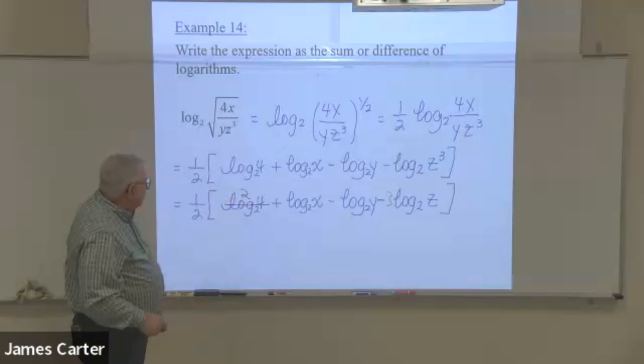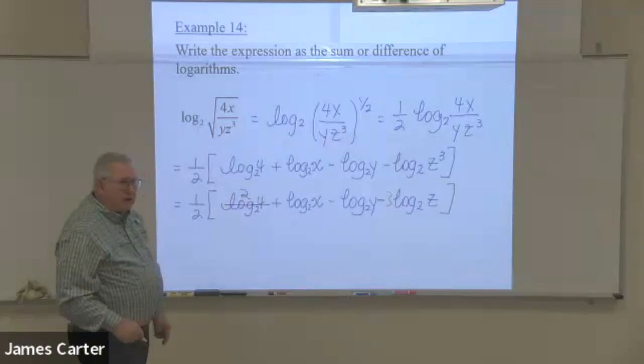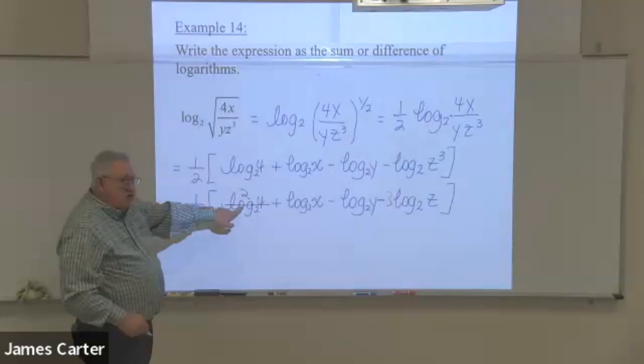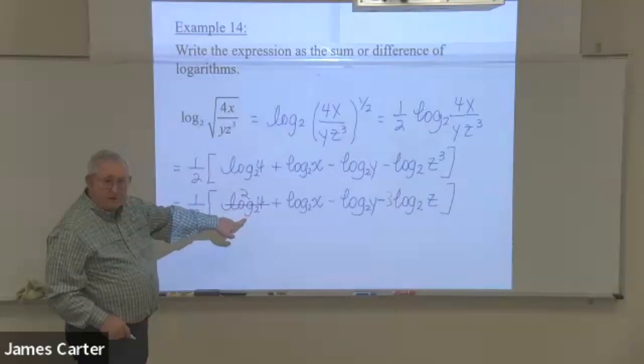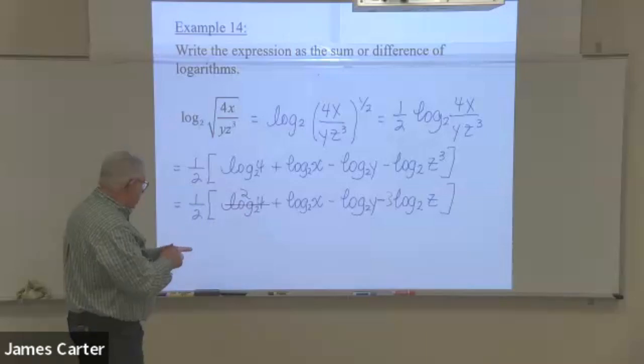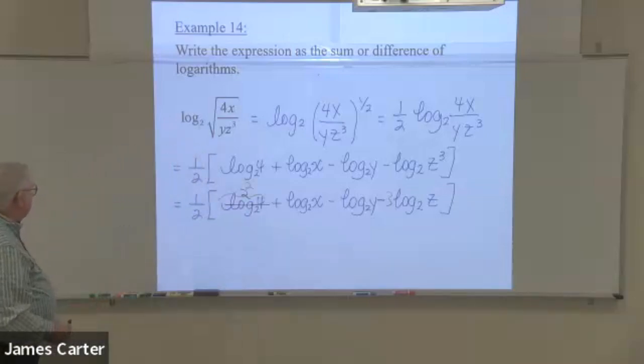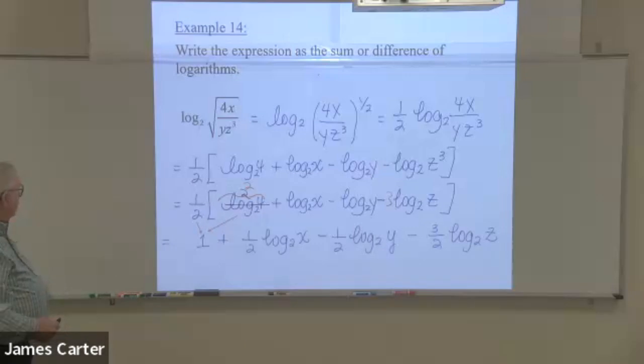Anything else I can treat like that? Not really. So now my last step is to distribute this 1/2. Okay, and that 2 is where this 1 comes from, half of it.